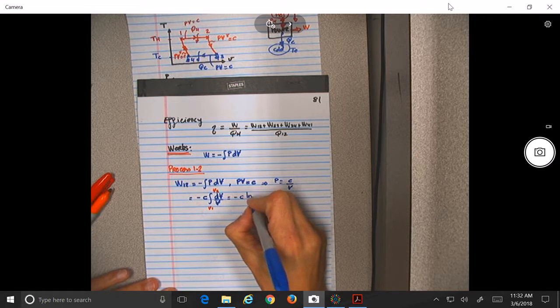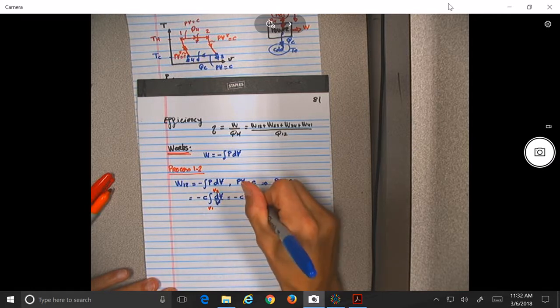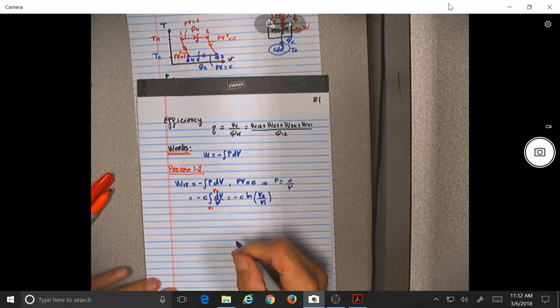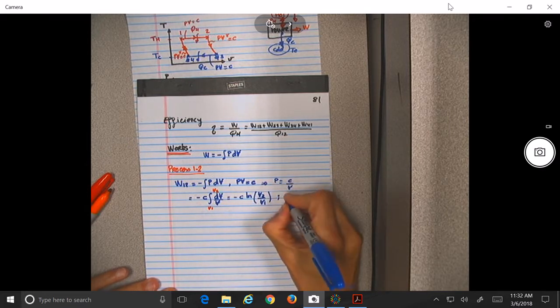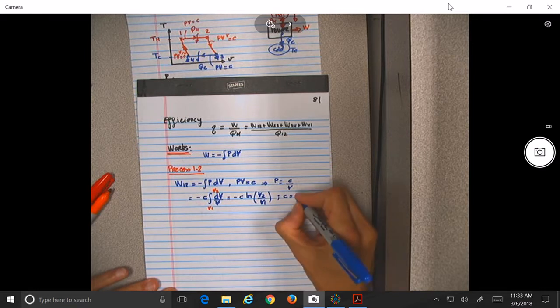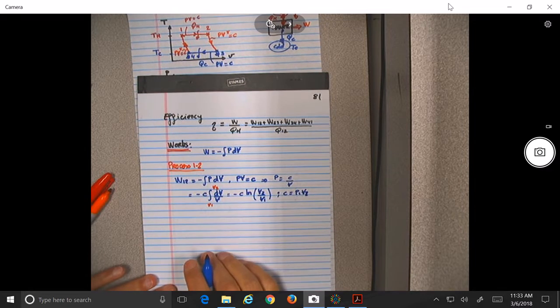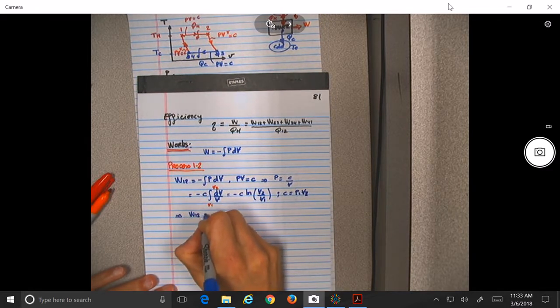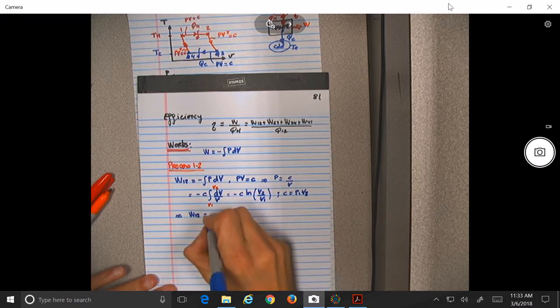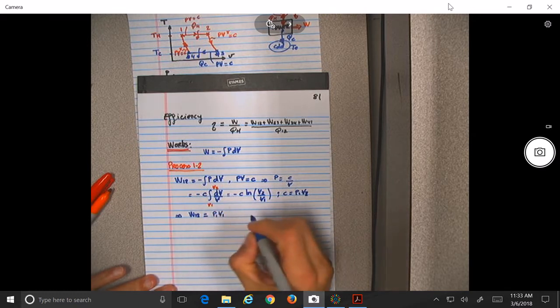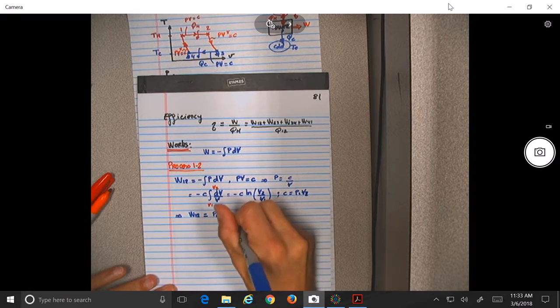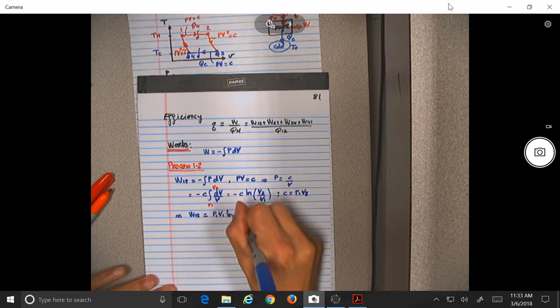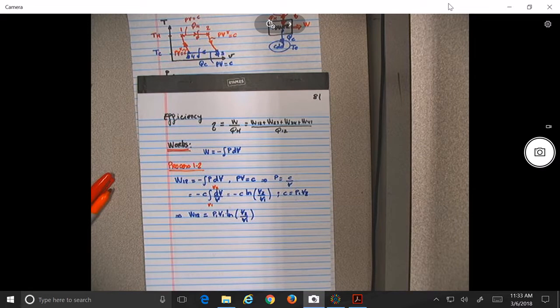Minus C log of V2 over V1, and here you can choose what? C can be equal to either P1 V1 or P2 V2, no? Oops, let's say it's P1 V1. So from here we're going to have that work 1,2 equals P1 V1 log V2 over V1.